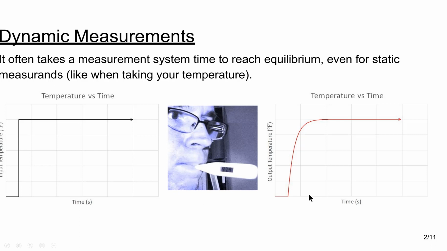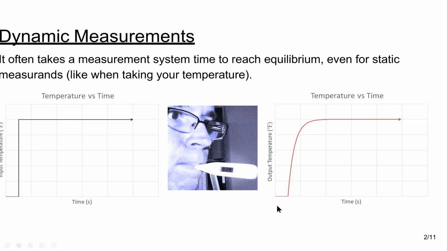But if something has to change temperature, or change some kind of state, you have to get your sensor into equilibrium with whatever you're measuring, and then there's going to be a response. That's going to take some amount of time, and you need to know how long that time is, so that you don't take your measurement in this part of the curve and get an inaccurate measurement. So you have to wait for a certain amount of time.